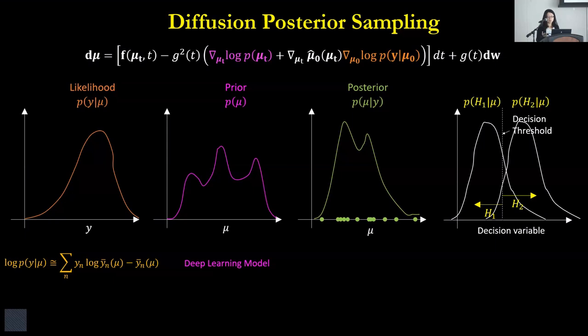For example, the binary decision may involve: is a signal present or absent, or does the lesion have feature A or feature B? The decision-making process can be modeled as the observer internally computing a decision variable and comparing it with a decision threshold they have formed during their training or using some sort of risk assessment. If the decision variable is greater than the threshold, they will make one decision. If it's less than the threshold, they'll make another decision.